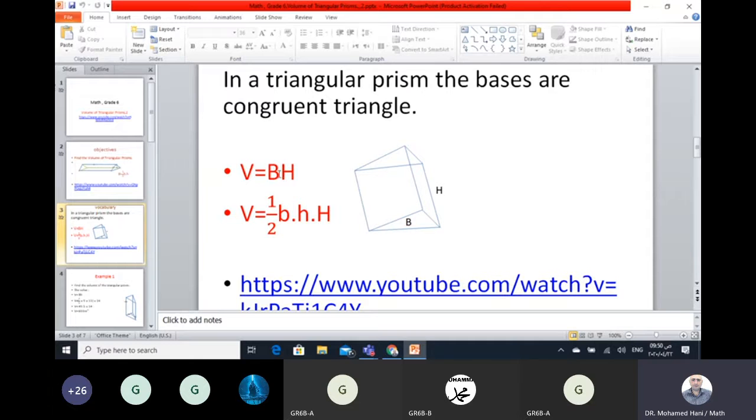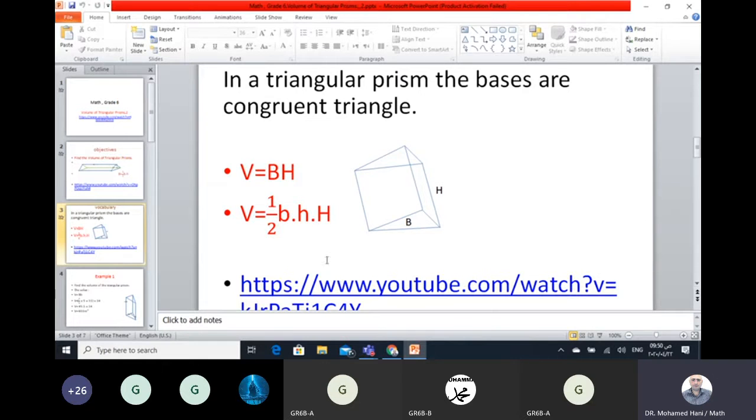Don't forget, big B means the area of the base, the area of the triangle. As you know, the area of the triangle will be 1/2 multiplied by the base of the triangle multiplied by the height of the triangle. Then multiply by the height of the triangular prism.